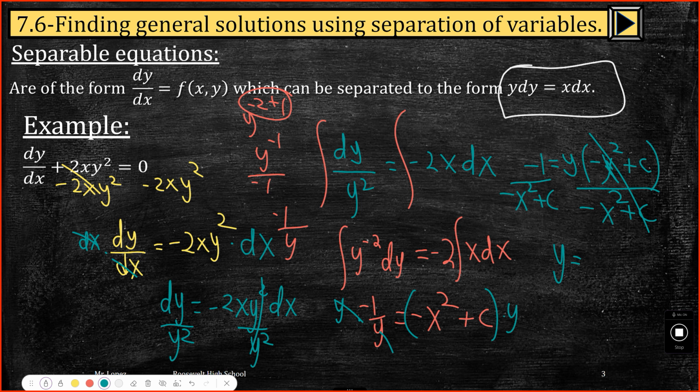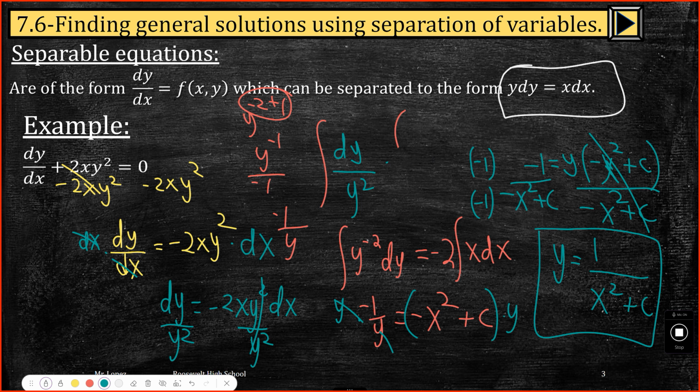This is just a constant. So I'm going to multiply both the top and the bottom by negative 1. It doesn't do anything. Negative 1 divided by negative 1 is 1. So then this makes it positive 1 over positive x squared. And negative 1 times c, who cares? It's just a constant. Plus c or put a minus c, it doesn't matter. So this is the answer right there.